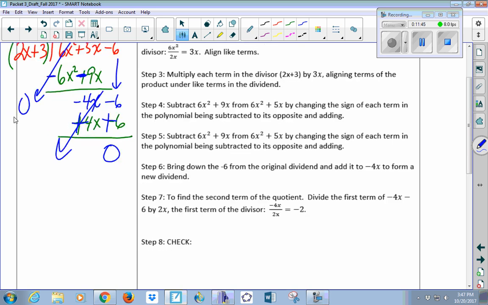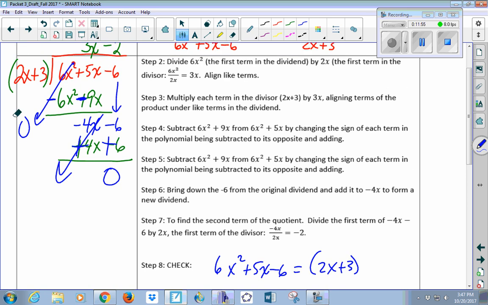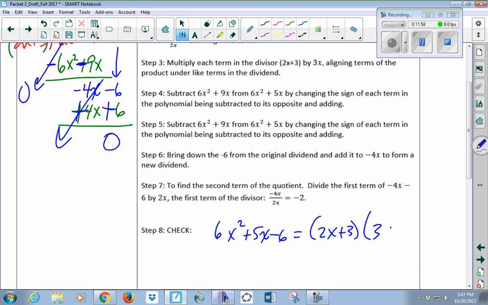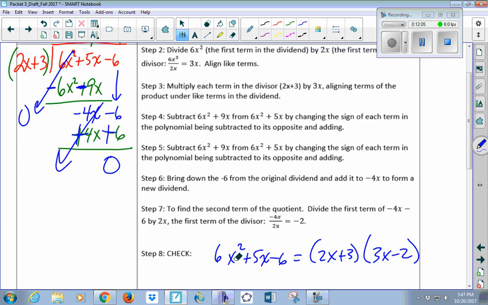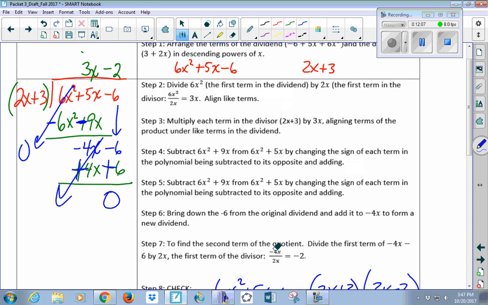So this says that if you have 6x squared plus 5x minus 6, it factors to 2x plus 3 times 3x minus 2. These were always the factoring problems you didn't like doing because there were so many possibilities. We could have taught you how to do long division to factor, right?